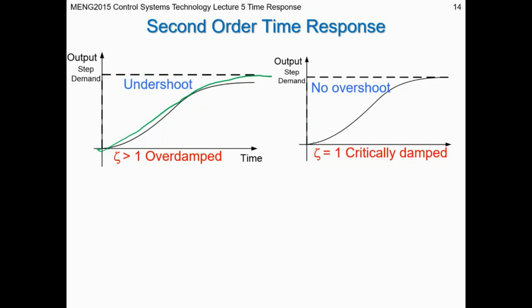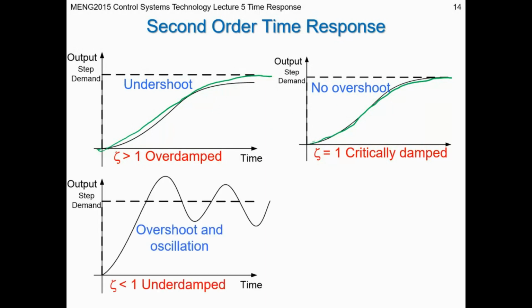If we have a critically damped system, it converges smoothly to our final value, but again, it's a bit slow. Faster than the overdamped one, but still a bit slow. And if we have an underdamped system, we're likely to get overshoot and settling oscillation. Or if we have too low a damping ratio, we might find that it's unstable and there's actually growing oscillation.